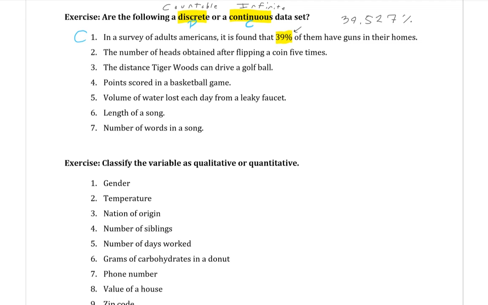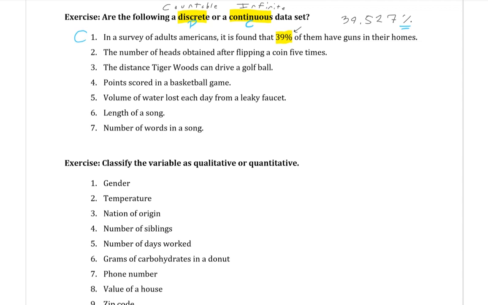Now, some would argue, well, wait, you can't have a decimal amount of Americans. However, the thing to keep in mind is that this is a percentage value. Since the value reported is a percentage, I'm not really asking for how many whole Americans have guns in their homes. I'm asking for what percentage of them. And percentages can come out to be just about anything.